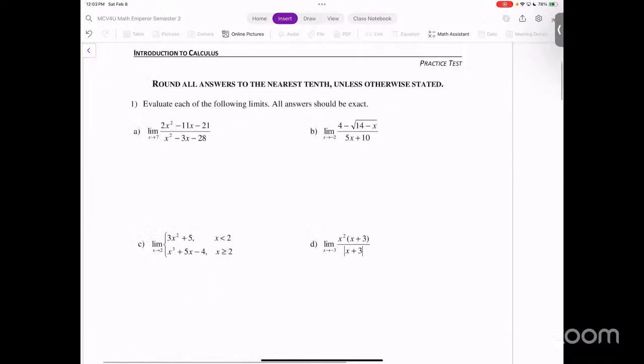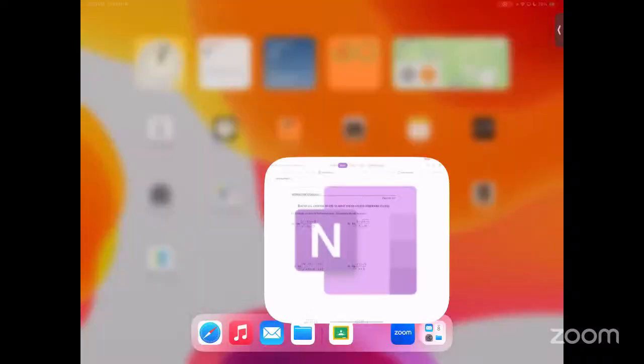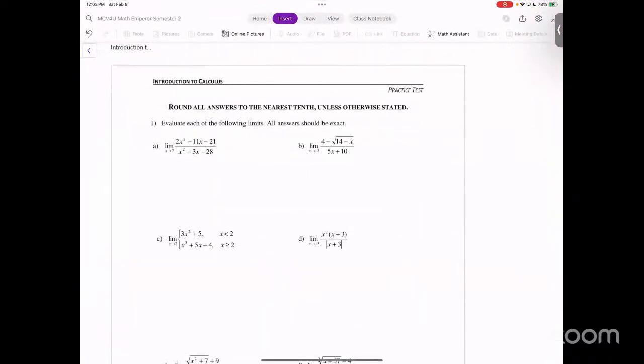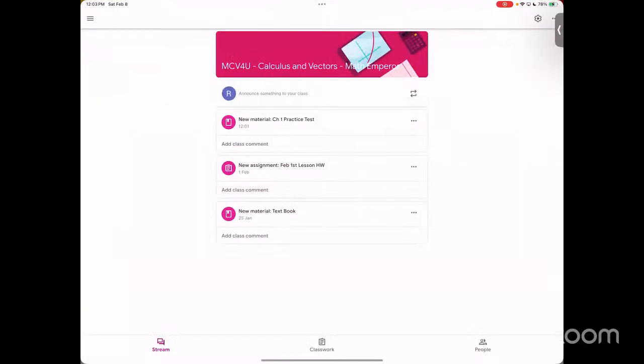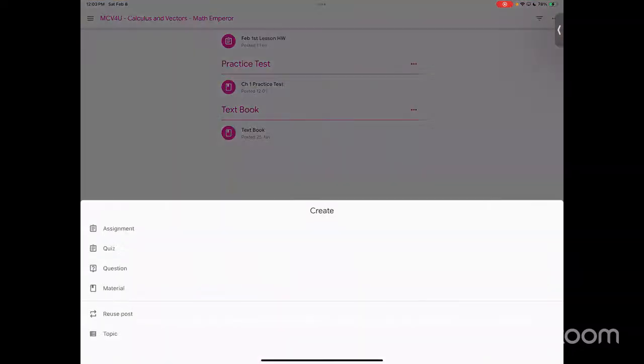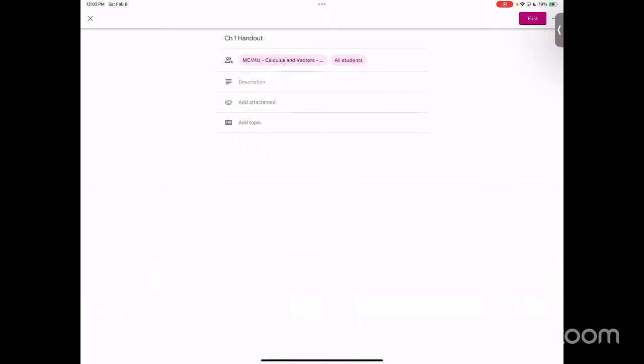Sir, for the notes that we took, can we have the handout, like, without the notes? I can't post the handout without the notes. So yes, I can post this in classwork material, because I'm going to use that for practice for tests.